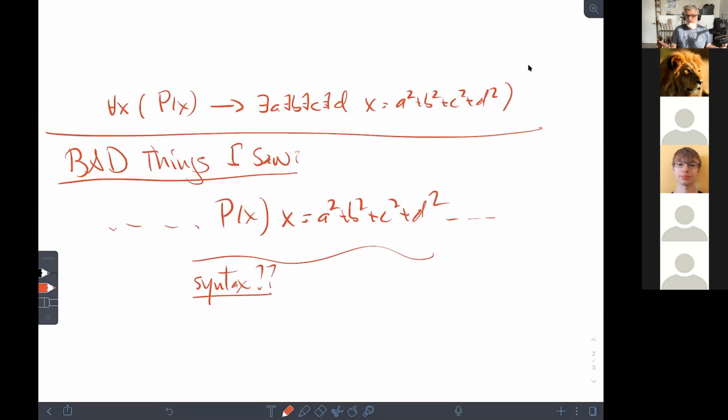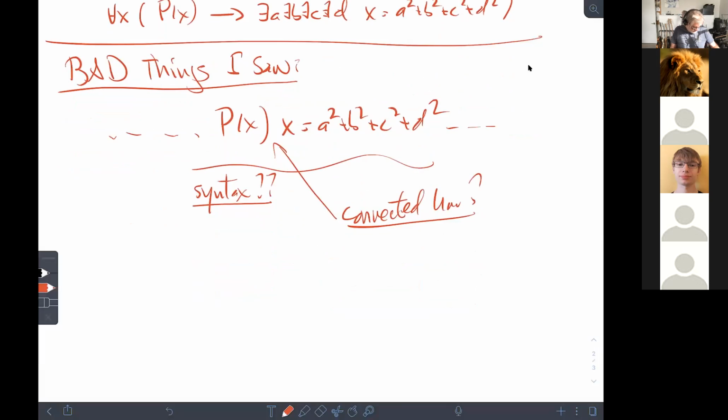P of x is true or false, and it's right next to an equality. How are they connected? You have to connect them, so there should be some "or" or "implies" something there. But the really bad thing I saw, and I wish I hadn't seen that, is this. That hurts.